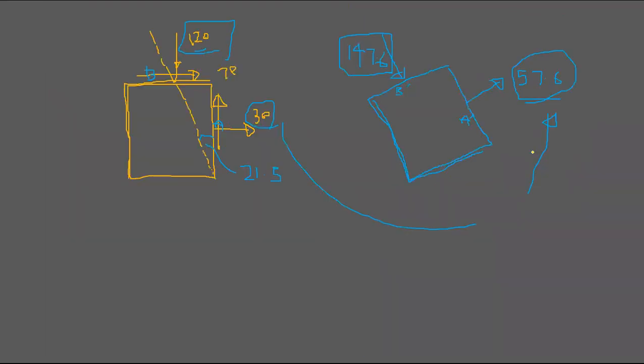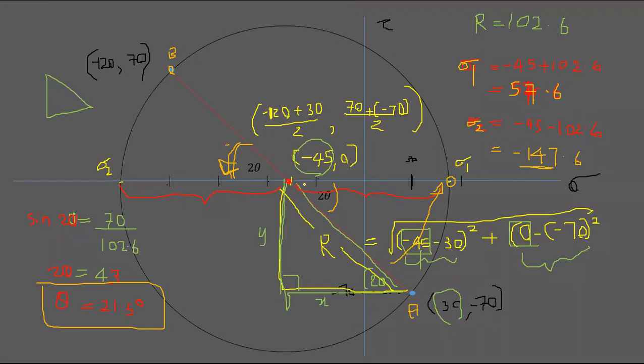Let's see what will happen in the 3D case. So I think you understand. So the maximum shear stress is also this. It's the radius. So the radius is again 102.6. So other things are okay, right?